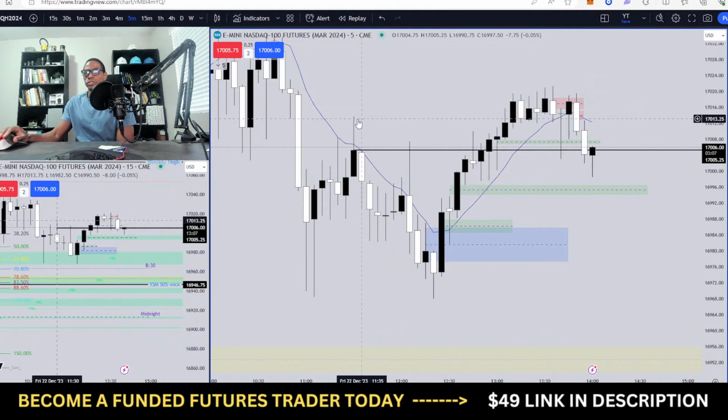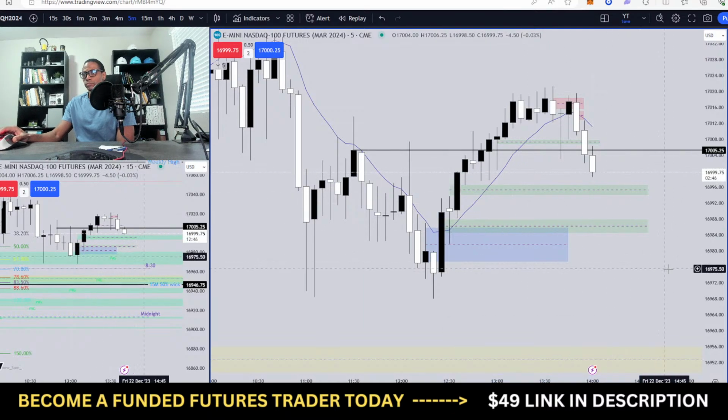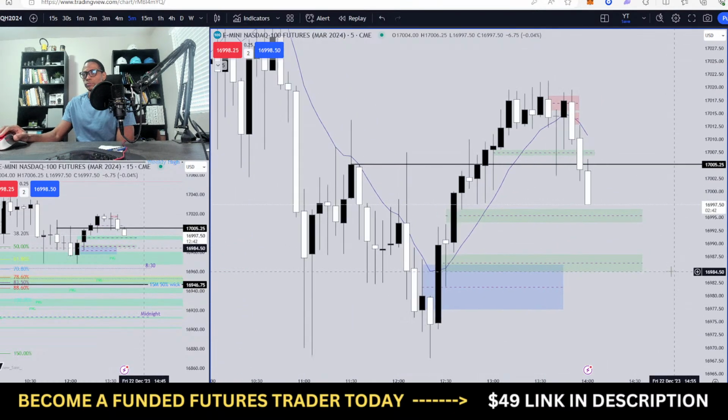Typically, when you see price taking a swing high or low, but any key level, you will see a retracement back down to the order block. But oftentimes you'll see a retracement back past the order block into a fair value gap. So I'm targeting this area as where price wants to trade to before continuing. We'll just see if that's actually where it goes.